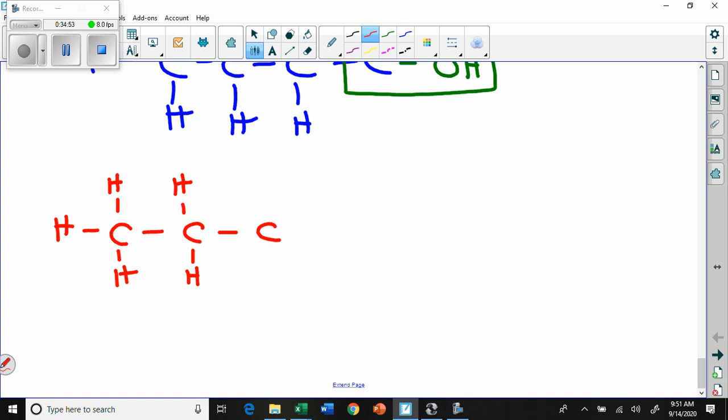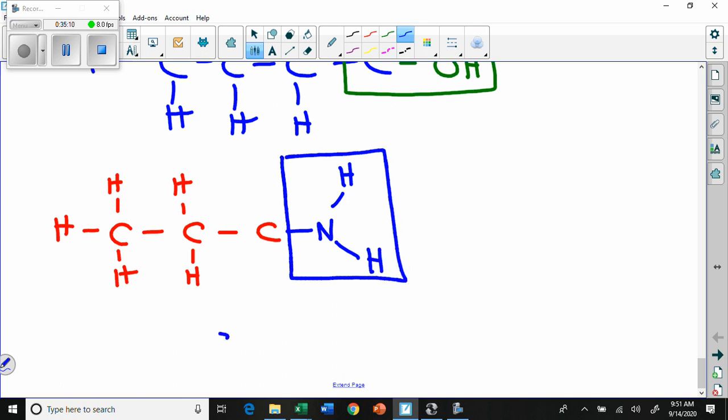Okay, now watch what happens to this last carbon. On this last carbon, we attach an N and two H's, like this. So we don't count the carbon, we just count the N and two H's. Obviously, there would have to be two H's here as well, because this is single bond.